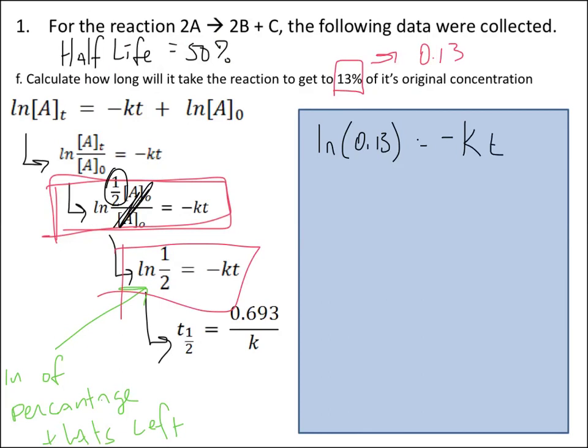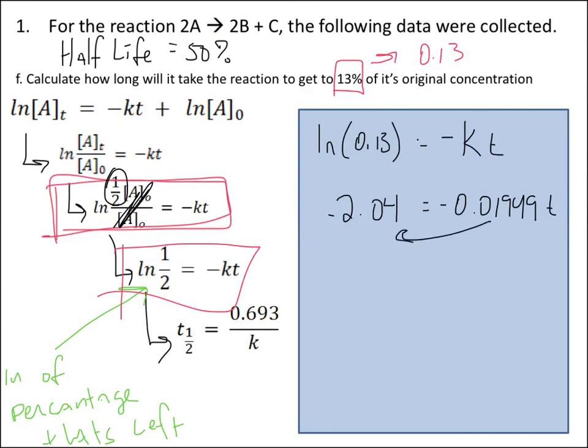And then when I solve all this out, what we'll see is that you actually just end up with the time that it takes to get to 13% of the original concentration. So the natural log of 0.13 is actually equal to negative 2.04 is what it's going to be. And this is going to equal negative 0.01999 times time.